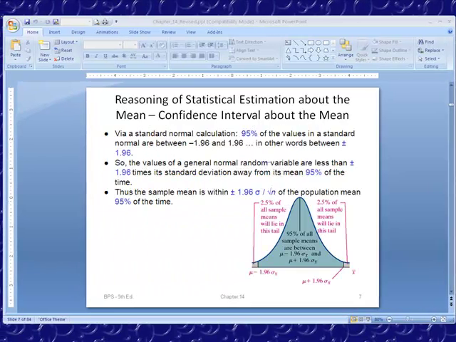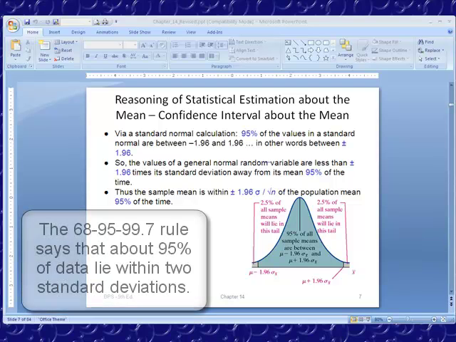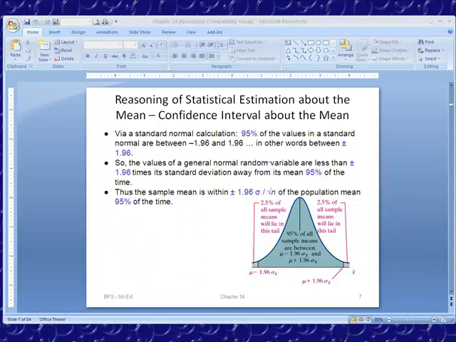Now, if you remember back in Chapter 3, we talked about having 95% of the data in between two numbers and thus about plus and minus 2 standard deviations. But when we use Table A, we can get a little more precise. So we find that between negative 1.96 and positive 1.96, about 95% of the sample means would fall in between those two numbers.